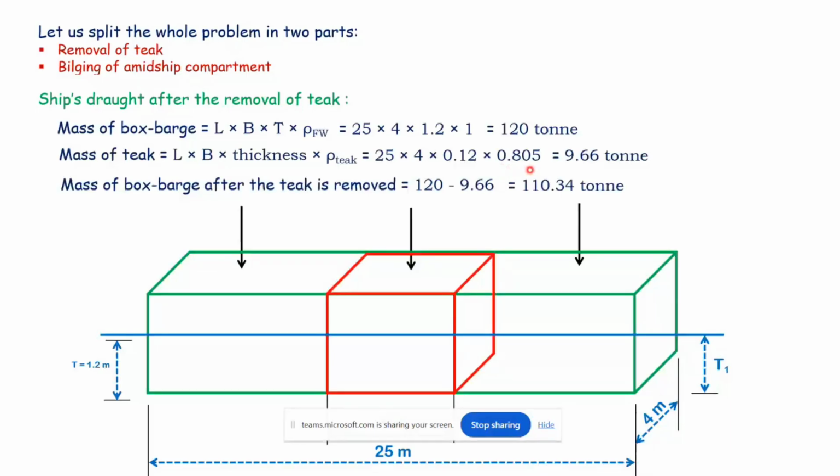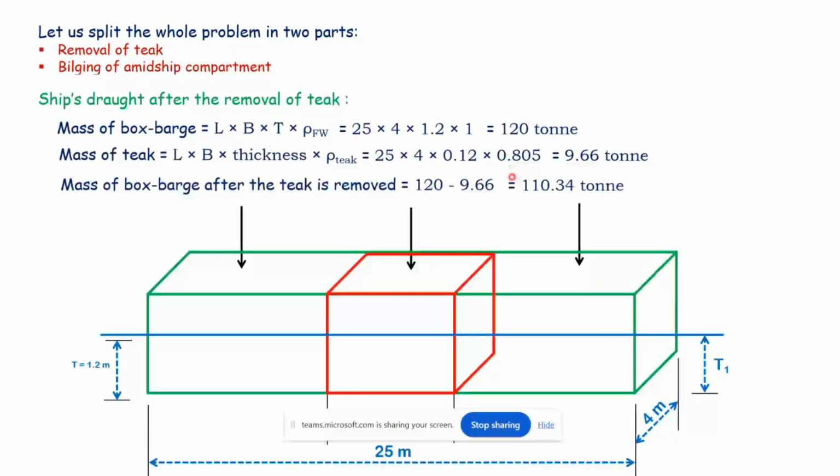0.805 relative density is the same as 0.805 density of the teak in ton per meter cube. Relative density is the density of any material with respect to fresh water. So if 0.805 is the relative density, it is also the value of density in ton per meter cube.